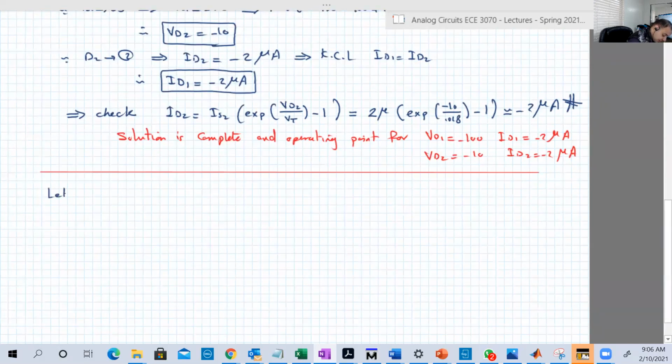Let's assume the incorrect combinations and prove they are wrong.